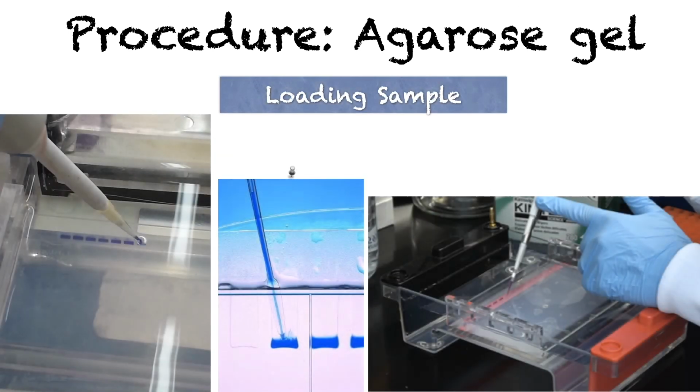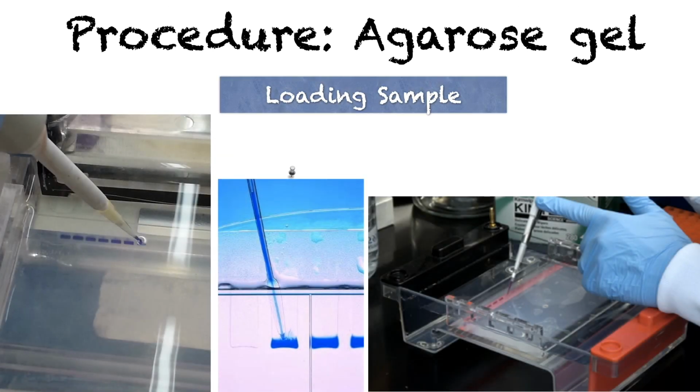And next, once we have set up the gel and apparatus, we have to load our samples. The samples could be PCR product, restriction digest product, or colony PCR. We have to stain the sample we are going to load as well.